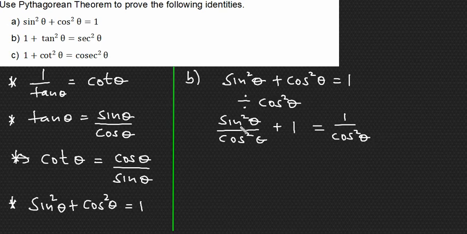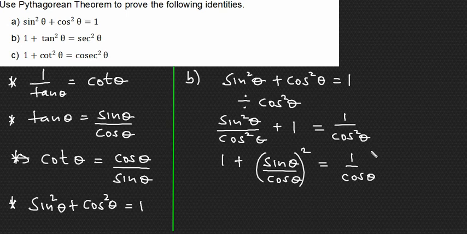So now I want you to see that this is sine over cos, but these are squared. So this left hand side can be written as 1 plus, then this is sine theta over cos theta, but squared, equal to 1 over cos theta also squared.